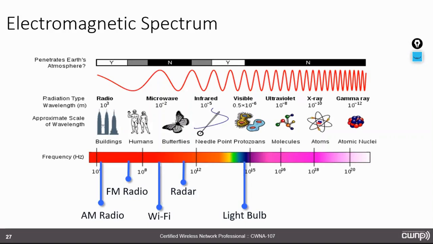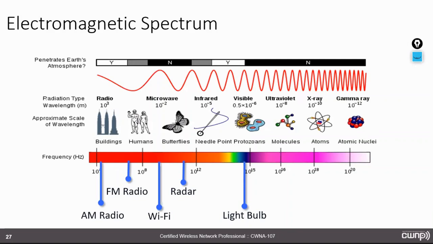This chapter in CWNA also teaches you about low frequency and high frequency, and also wavelength and amplitude. So the basics are very important. If you want to build your knowledge in wireless, definitely you have to do this course, to be very honest. This course is going to enhance your knowledge.